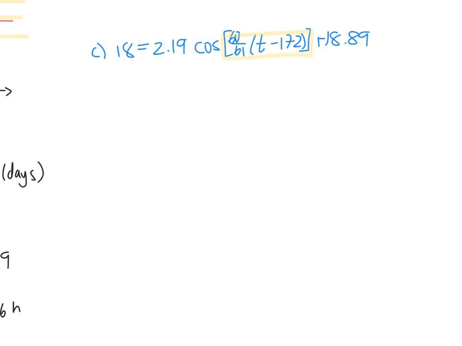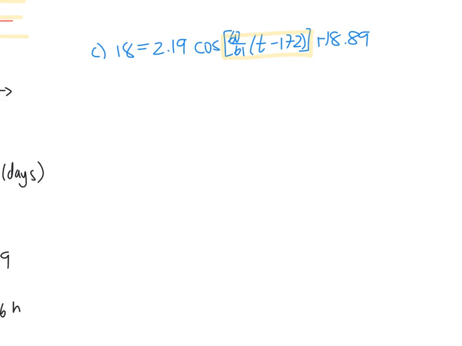So 18 is equal to 2.19 cos 60 over 61 t minus 172 plus 18.89. Now this part here, that is pretty overwhelming. That is all representing the angle of cos.